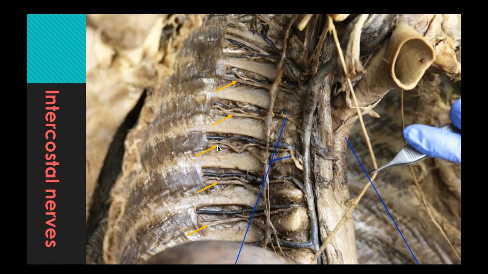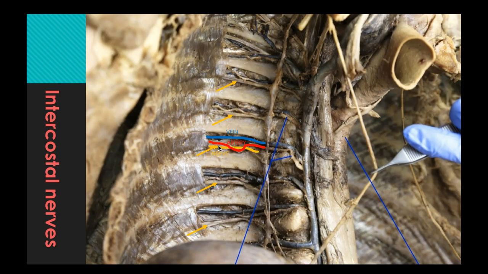The way you're going to make sure that you know that these structures are nerves and not blood vessels is to remember that the vein is always going to be the most superior, artery is intermediate, and the nerve is the most inferior.